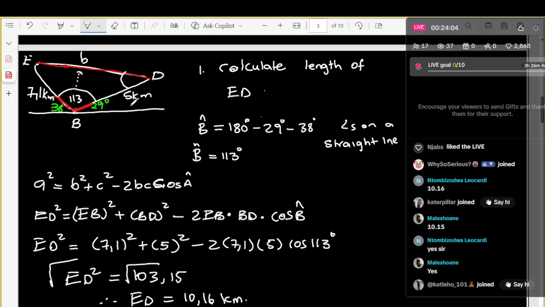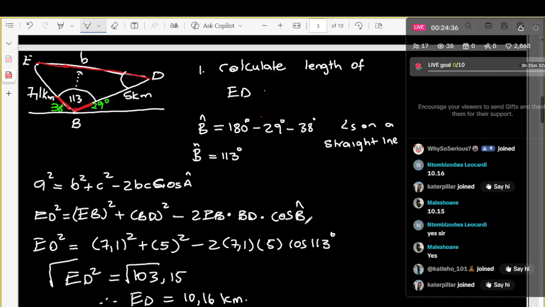the side that has the angle opposite to it. For example, look at this angle B. We have 113, so we don't have a choice but to use that. So on top we're going to have the sine of angle B all over small b.